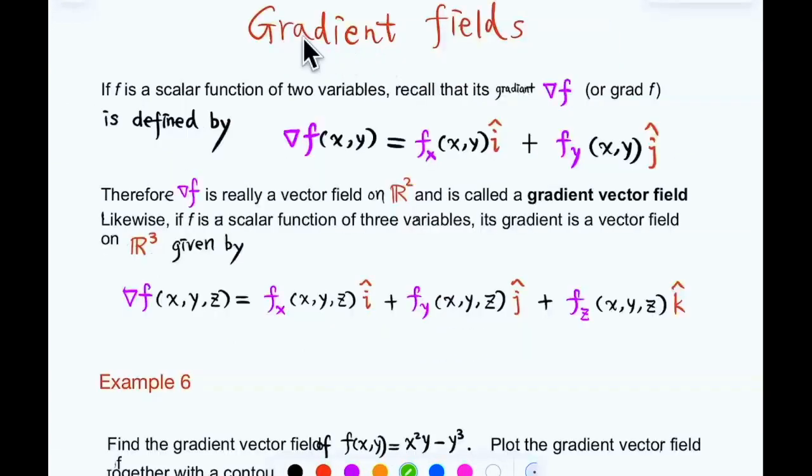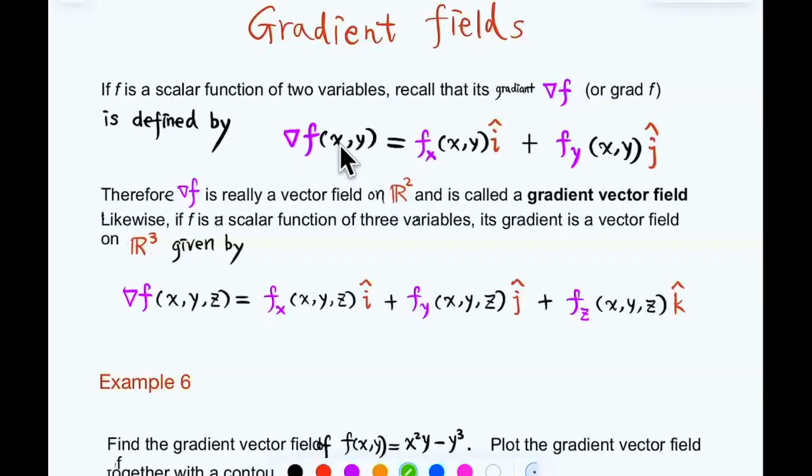Next one, we're going to talk about gradient field. If f here is a scalar function of two variables, its gradient, remember this one here, is called del f, or you call it gradient of f. How do you define gradient? Do you guys remember? You take the partial derivative, right? Take the partial derivative of each component function, right?